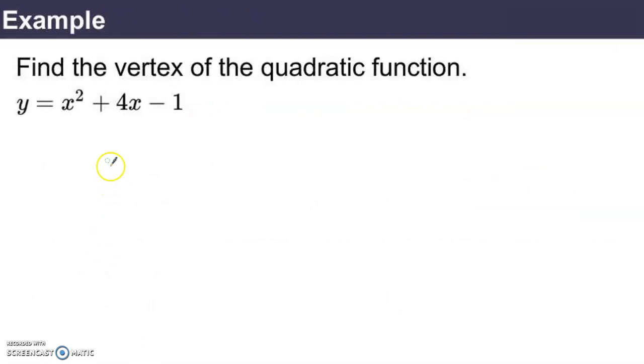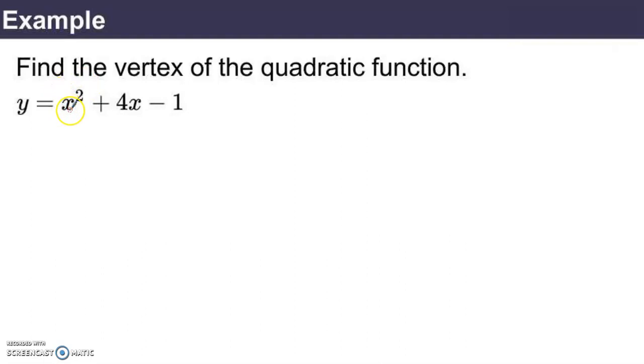Find the vertex of the quadratic function y equals x squared plus 4x minus 1. It really helps to know what a, b, and c are. A is the coefficient of the x squared term. What could be tricky here is that there's not a number written.